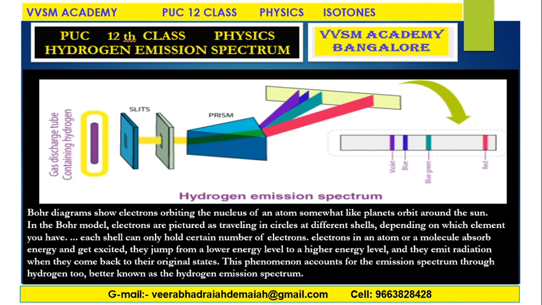Electrons in an atom or a molecule absorb energy and get excited. They jump from a lower energy level to a higher energy level, and they emit radiation when they come back to their original states. This phenomenon accounts for the emission spectrum of hydrogen, better known as the hydrogen emission spectrum.